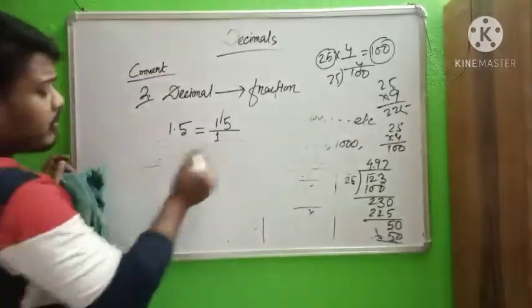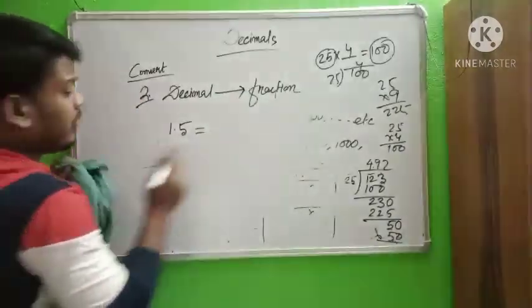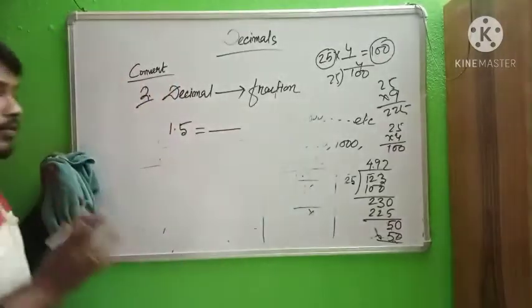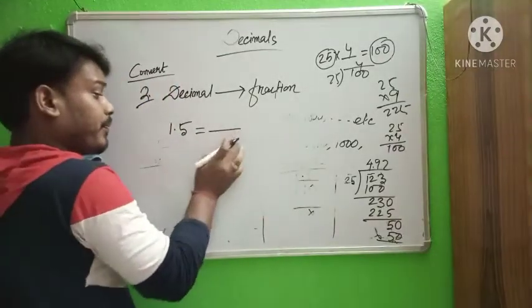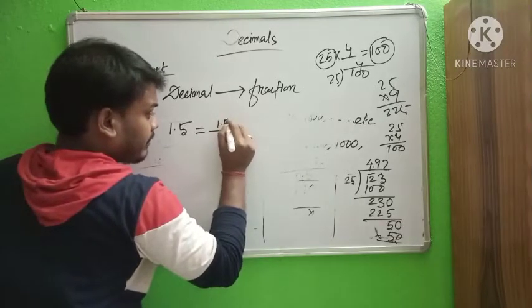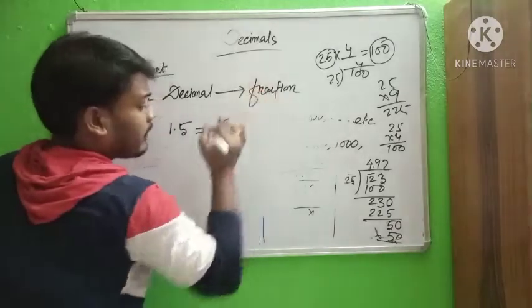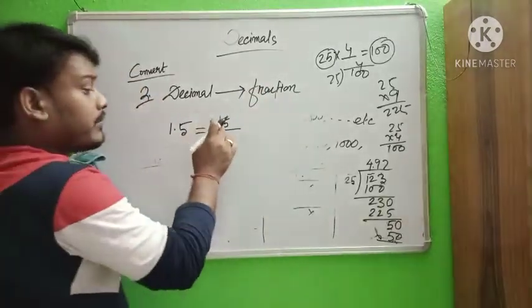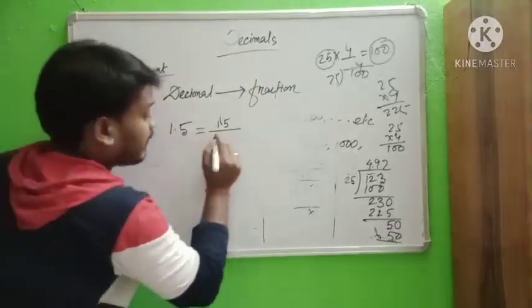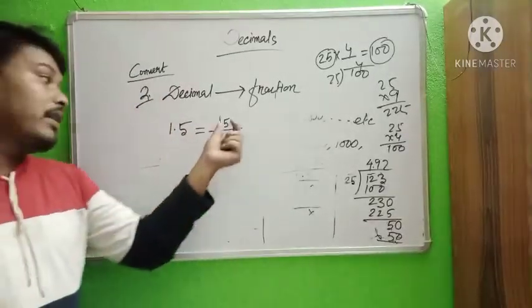Again I tell properly. First we write the given decimal in the numerator, then remove the decimal point and put 1 in the denominator, then put the same number of zeros as the number of digits after the decimal point.